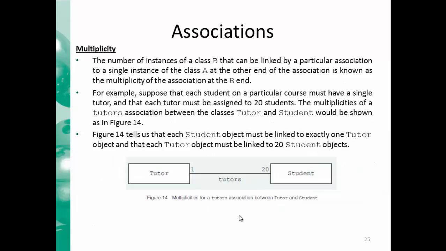In this diagram, as you can see, there's a number 1 next to the tutor class and number 20 next to the student class. It means in this system I can create only 1 tutor object, but I can create up to 20 student objects.